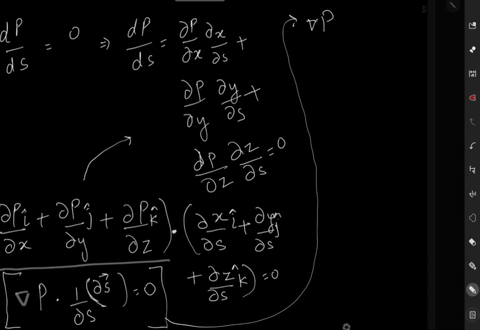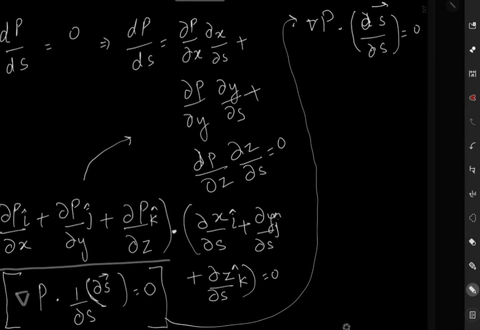del p dot dr by ds. What is this? This is a unit vector, tangent to the direction along which we are moving.